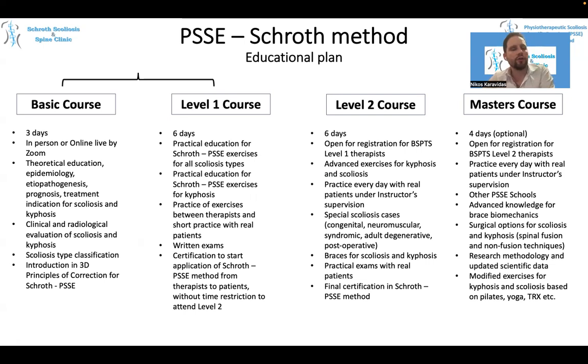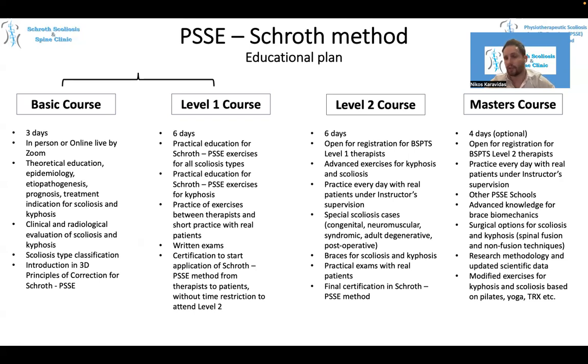Then we have the level 1 course, which is 6 days. So this is the practical part, and there is an education for all our exercises for scoliosis and kyphosis. There is a practice between therapists and a short practice with real patients. We have written exams, and the end of level 1 can give a certification for the participants to start applying the PSSE-Schroth method to their patients.